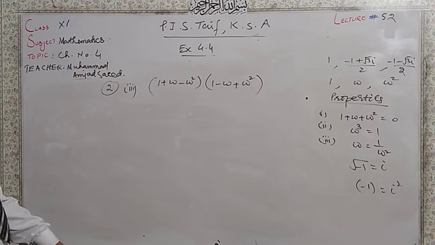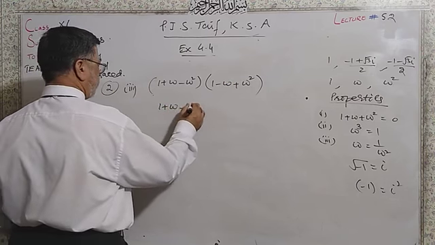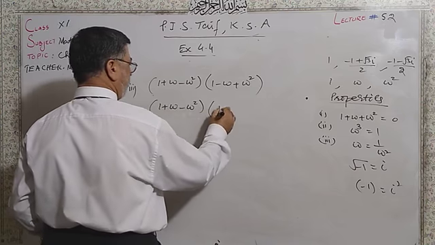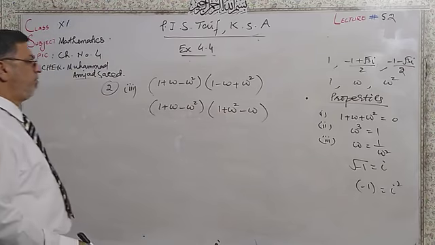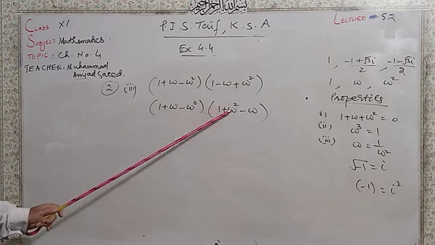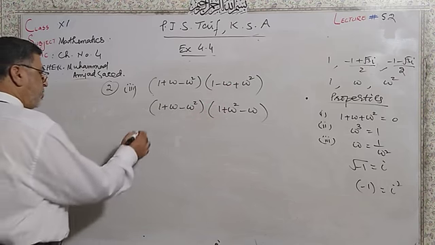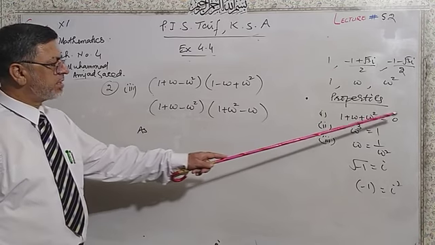First of all, we will write down the terms with positive sign first: 1 plus omega, and here is 1 plus omega square. As you know, 1 plus omega plus omega square is equal to 0.